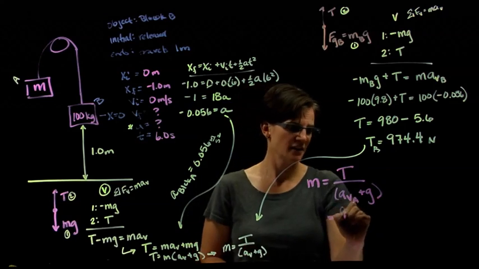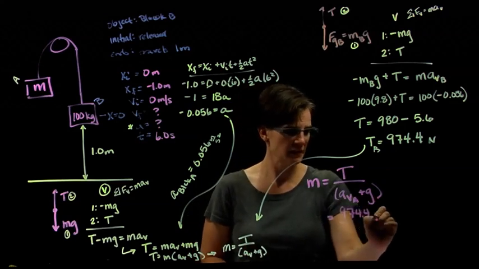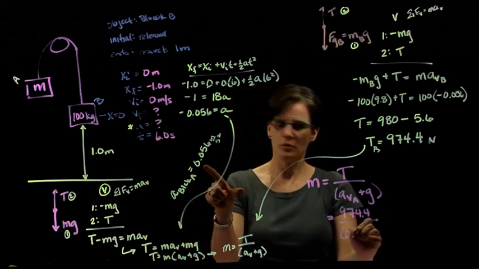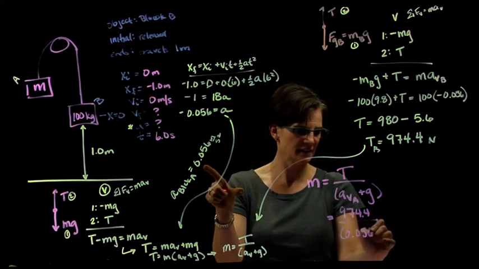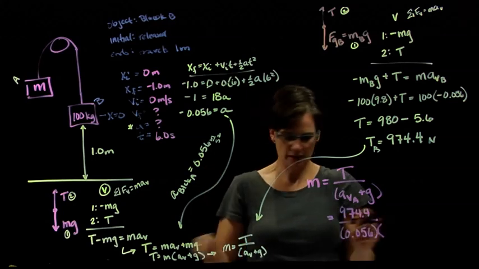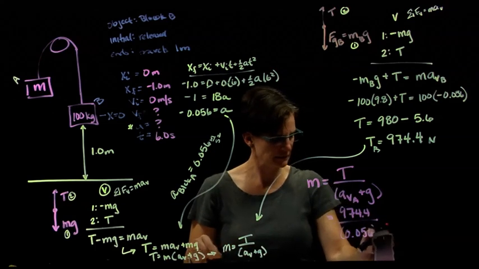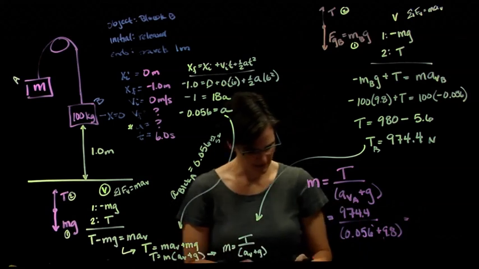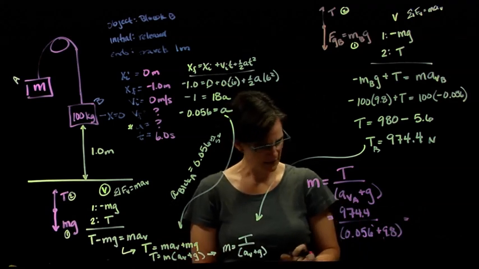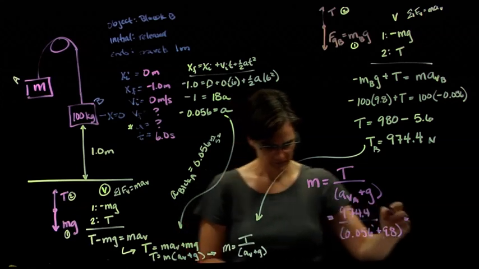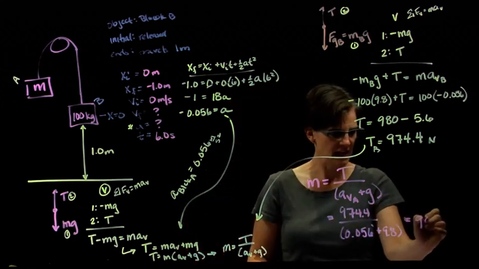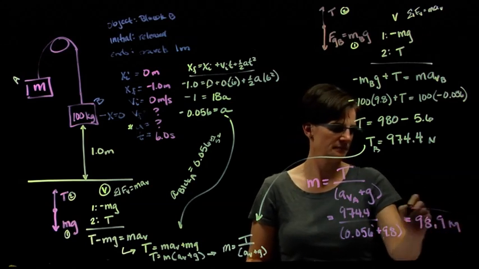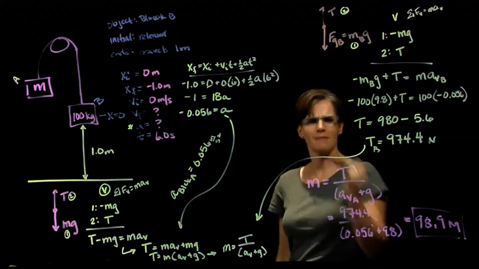So I have 974.4 divided by the acceleration of block A, 0.056, plus 9.8. And that equals 98.9 kilograms.